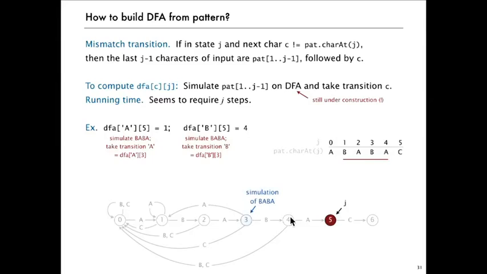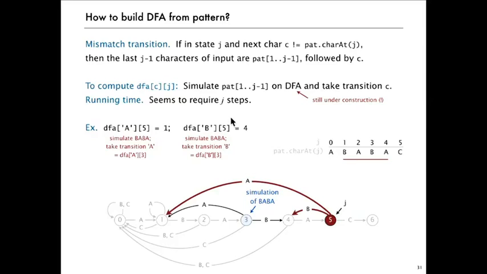So that's the simulation of BA, BA puts us in state 3. If we get an A, we go to 1. So that means that from 5 we would go back to 1. And if we get a B, we go to 4. So that's one way to calculate the mismatch transitions. And as we noted in the simulation, this is the only non-trivial one for this example.